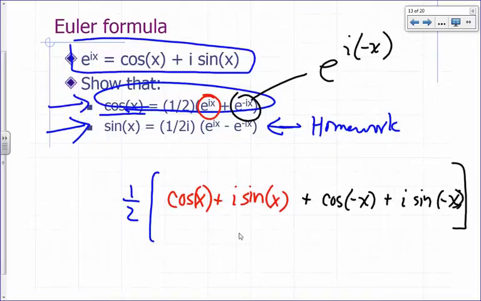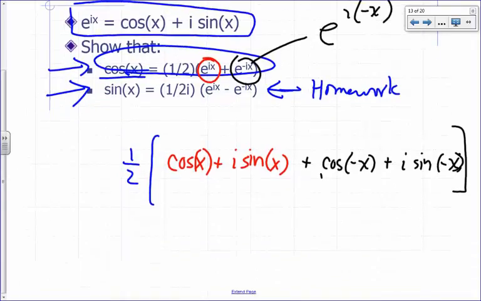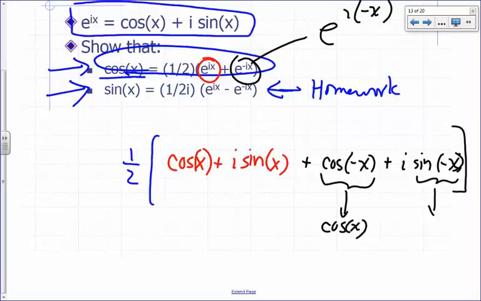So what can I do to simplify this expression? What is cosine of negative x? That's just cosine x. Cosine is an even function. What is sine of negative x? Negative sine x. So this is negative i sine x, right?